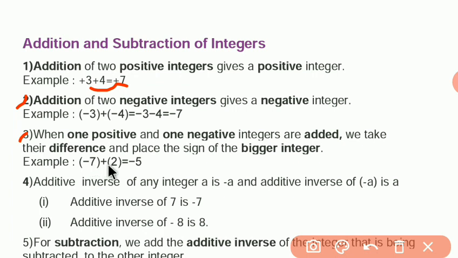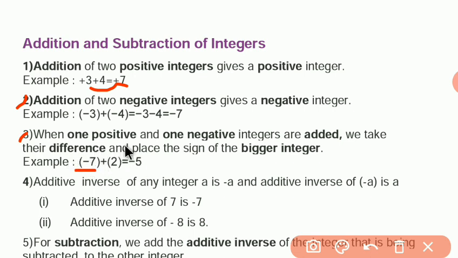So minus 7 plus 2, minus plus minus. It means we have to take the difference, or subtract 7 and 2. So we'll subtract 2 from 7. So 7 minus 2, 5, and the sign will depend on the sign of the bigger integer. Here you can see the bigger integer is 7 and its sign is minus. So the answer will be in minus.